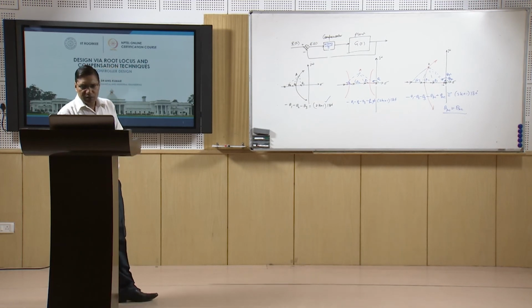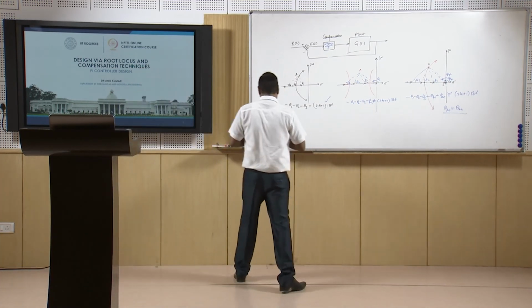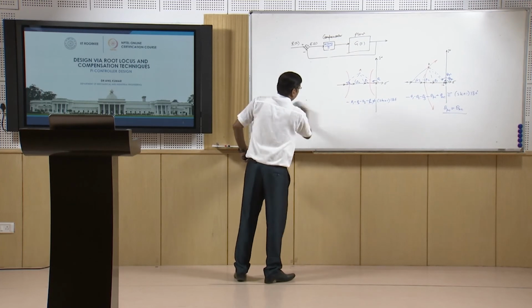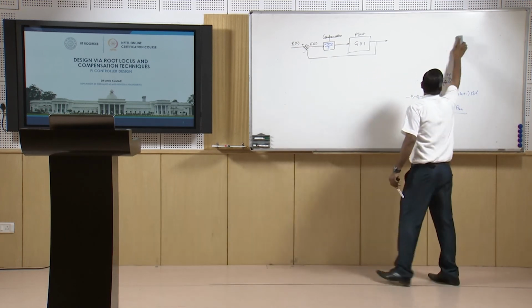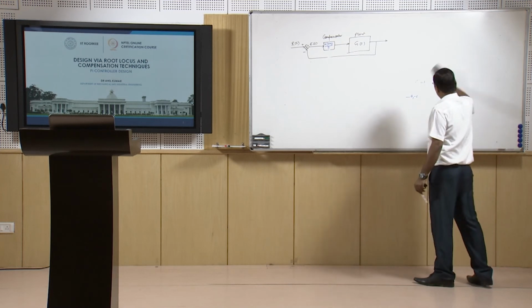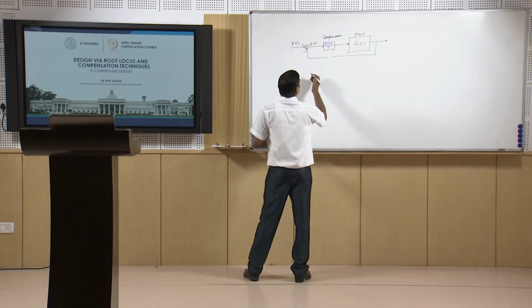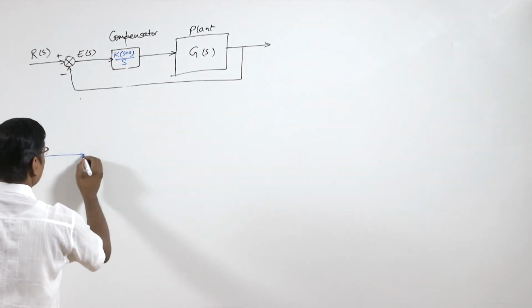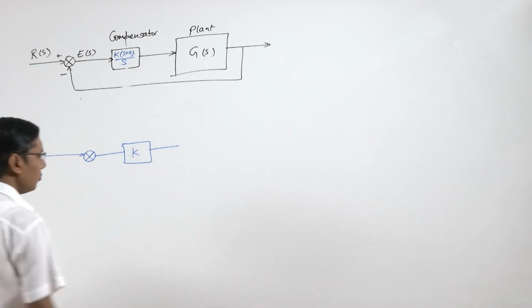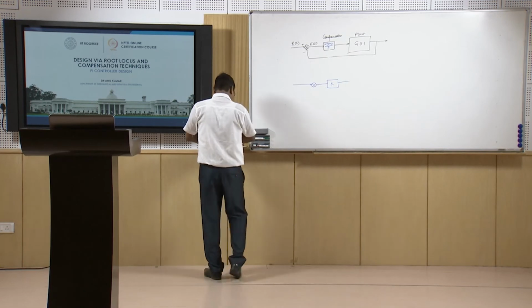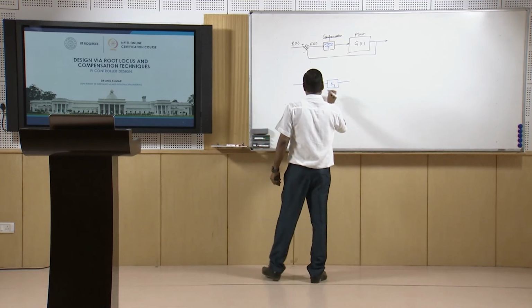We can represent it as individual circuits of gain and integration. So here we can have, let us say, K1.